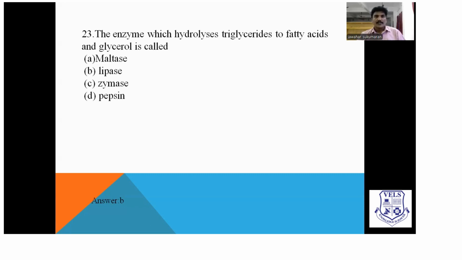Note this question. Zymase or lipase, I will tell later. No, lipase. Lipase is the correct answer. Correct. The enzyme that hydrolyzes triglycerides to fatty acids and glycerol is called lipase. Okay, this is the correct answer.